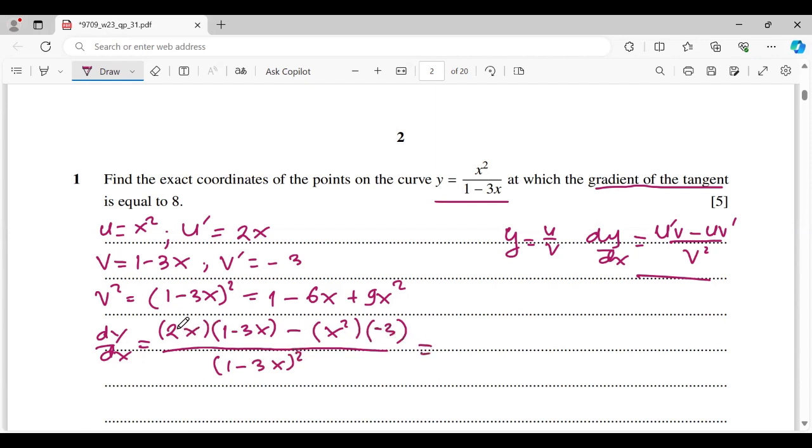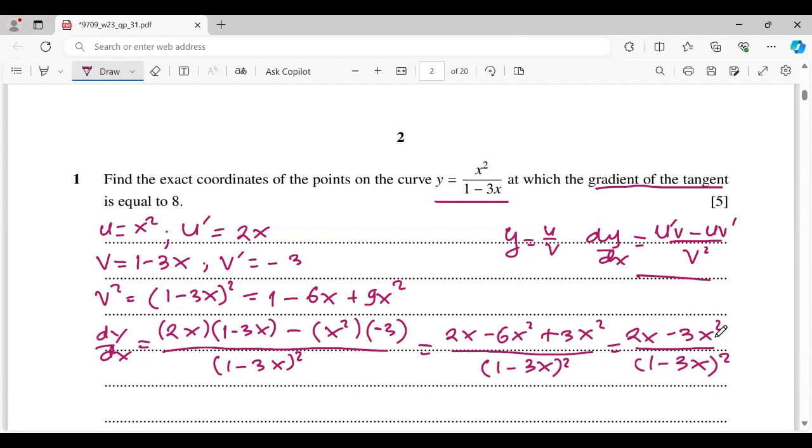Then it becomes 2x minus 6x squared plus 3x squared over 1 minus 3x squared, which becomes 2x minus 3x squared over 1 minus 3x squared.